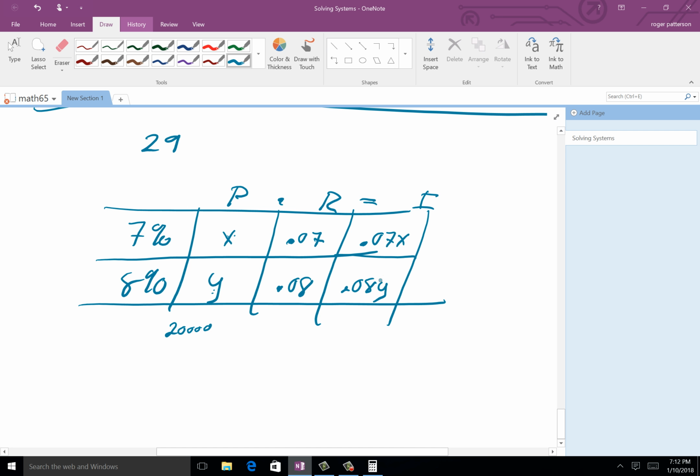And since this is my interest, I'm going to put my interest right here. Okay? So from that, we're going to get two equations, right? Because x and y are representing how much we're investing. So looking at just this part right here, okay, what equation could we write from that?